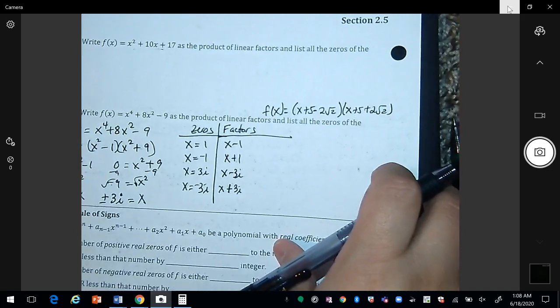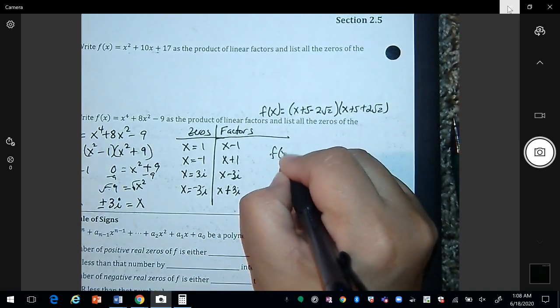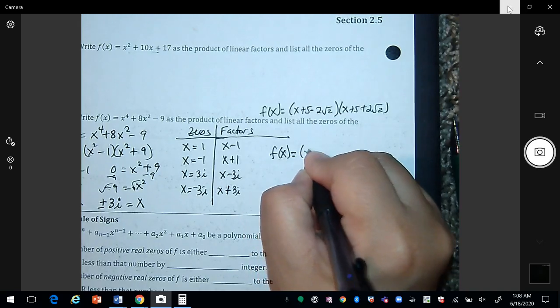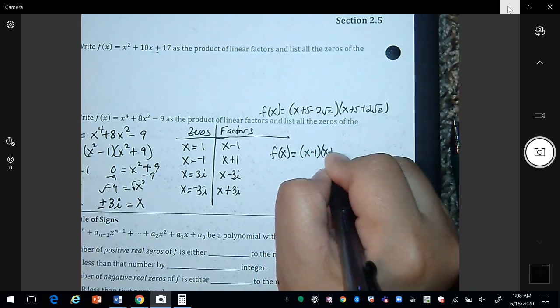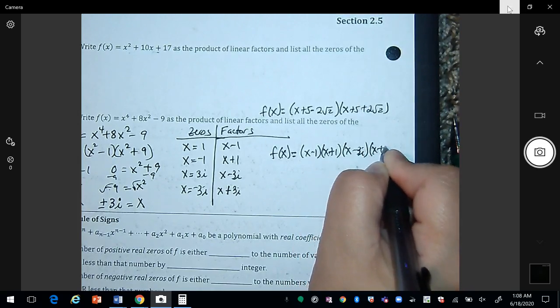So it says to write as a product of linear factors, so our answer would be f of x is x minus 1 times x plus 1 times x minus 3i times x plus 3i.